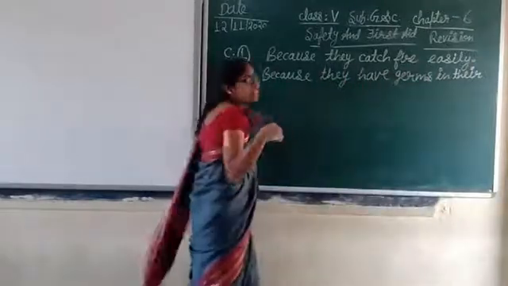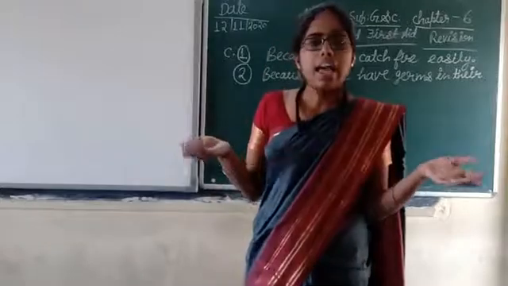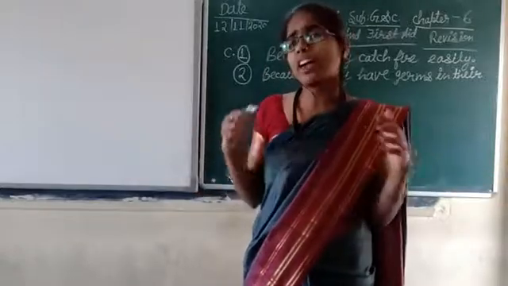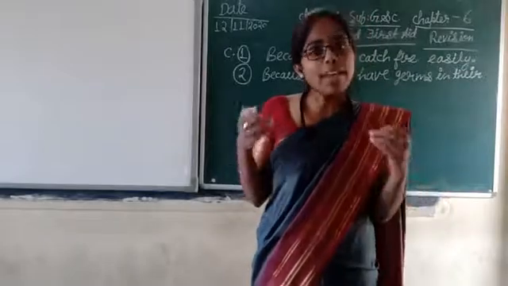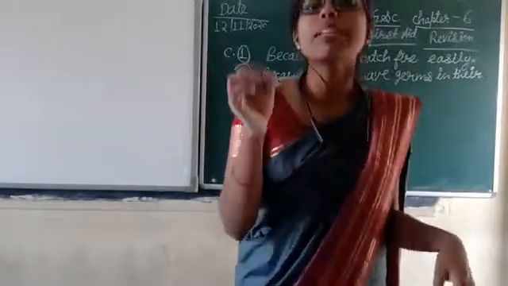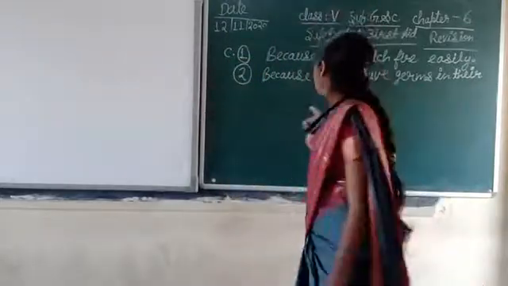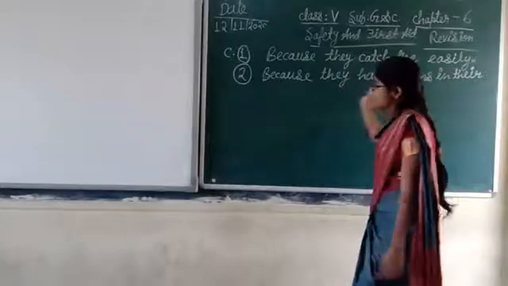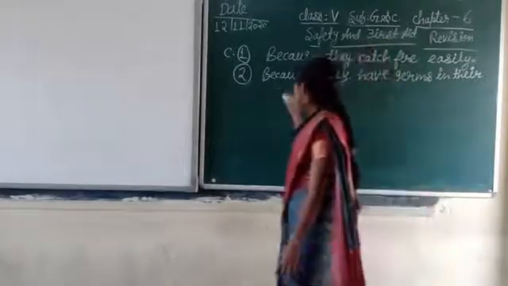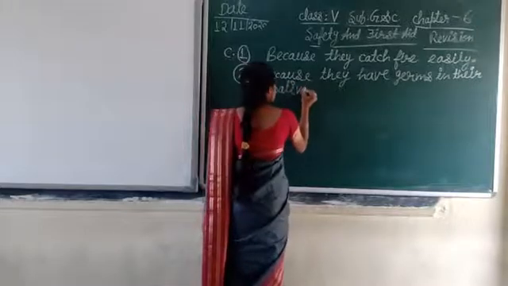This is science, and when you write the answer to the question, there is no need to write exactly the answer that I have given. You can write your own answer in your own words, but the meaning and sense should be correct. So we can write: because the animal has germs in its saliva, which can cause rabies.